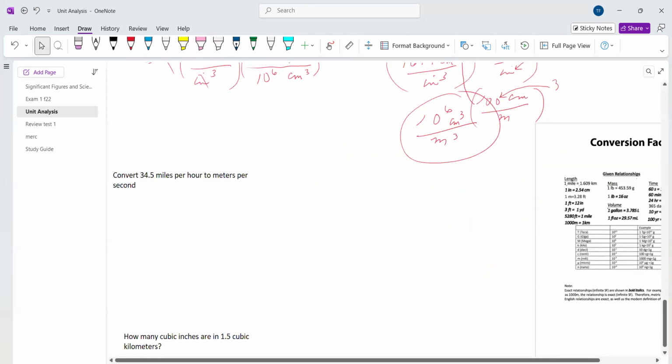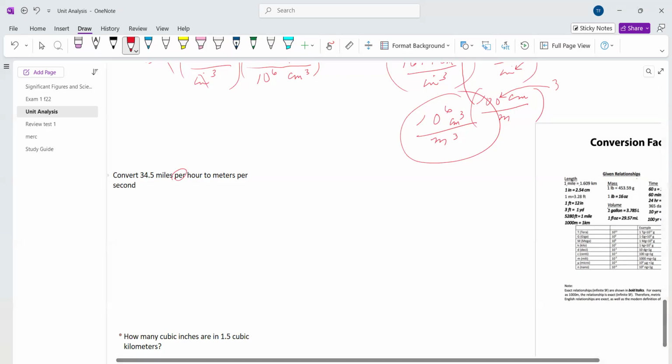All right. We're looking at here. Convert miles per hour to meters per second. Okay, what's the given here? Miles per hour is the given. It's a fraction. Fraction problem. Remember the per? That's a fraction.